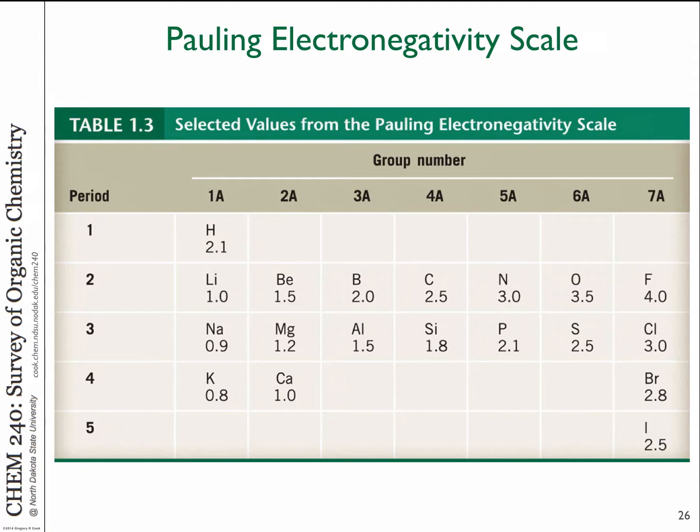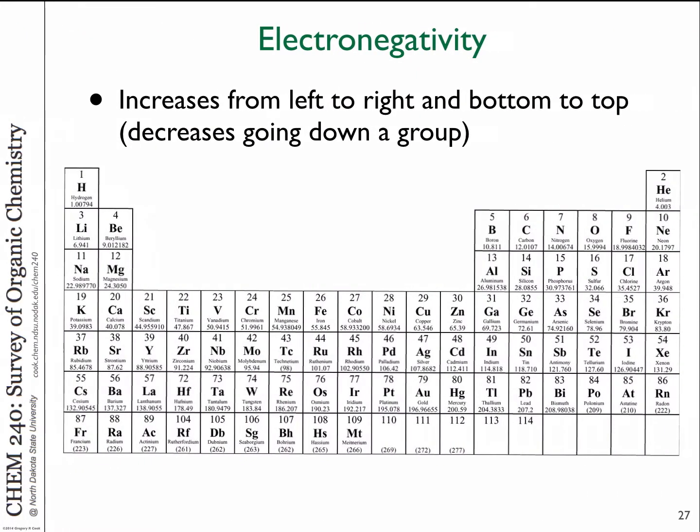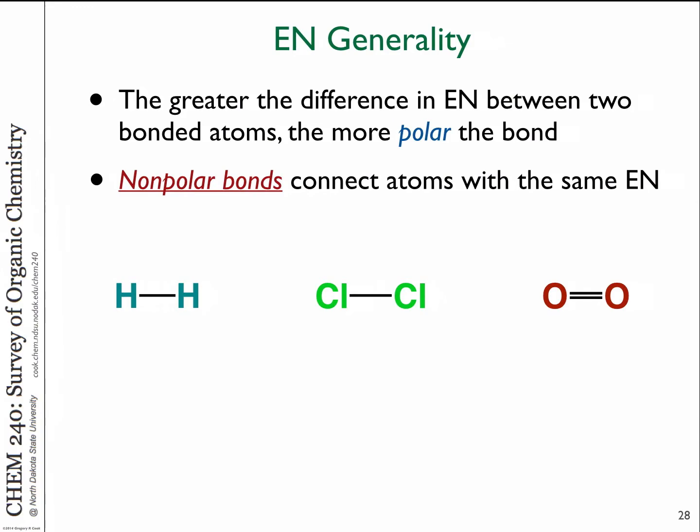But compare, say, carbon or hydrogen to fluorine. The electronegativity of fluorine on the Pauling scale is 4.0. That's a significant difference in electronegativity. And if you recall from general chemistry, there are trends on the periodic table.